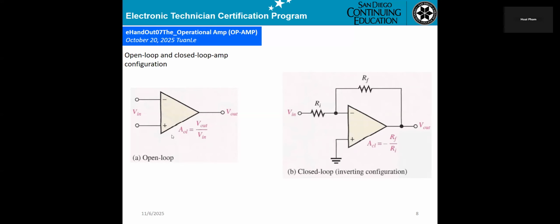The gain will be V out divided by V in. That V out, and that will be V in. However, now, for the circuit we're working on, that will be the open loop gain.